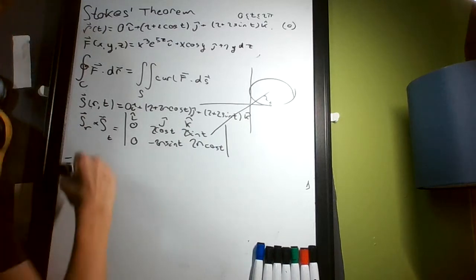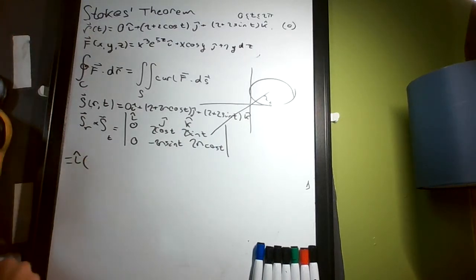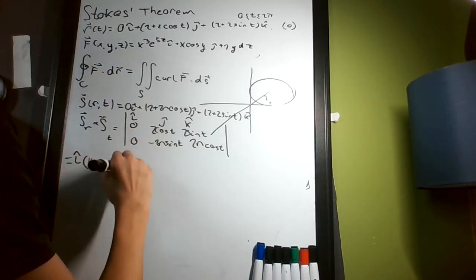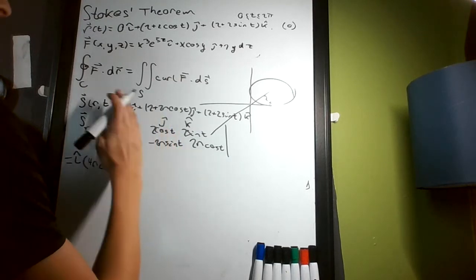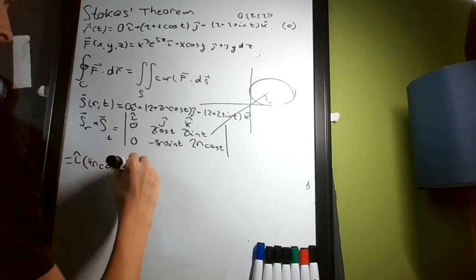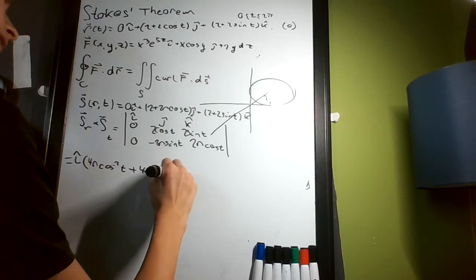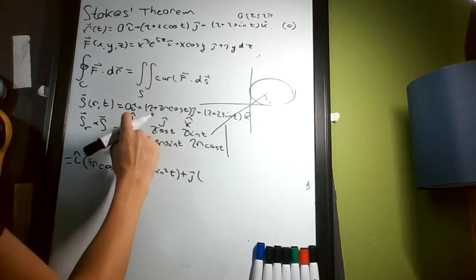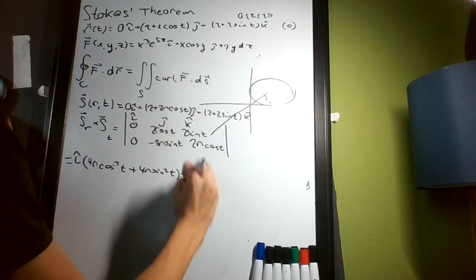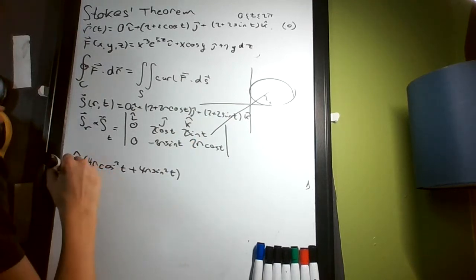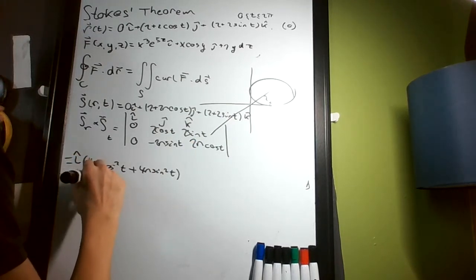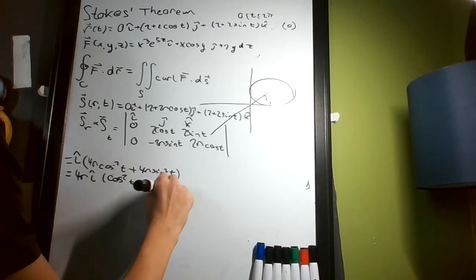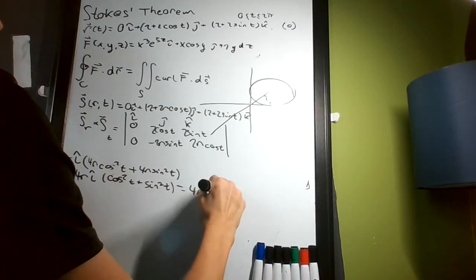So what am I going to get out of this? I hat's coefficient is going to be 4r cosine squared t minus negative 4r sine squared t. The j hat is 0, because those two zeros are right there. K hat is also 0, so you can just ignore them. Factor out 4r, and cosine squared t plus sine squared t is 1, so it's just going to be 4r i hat.